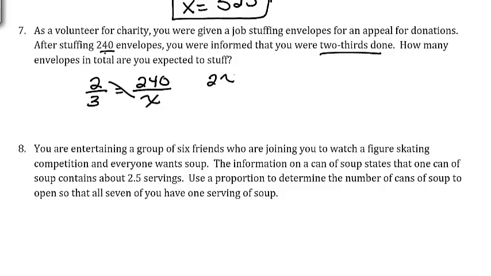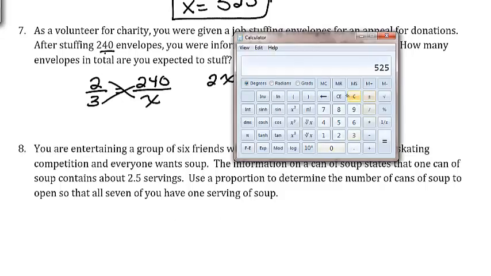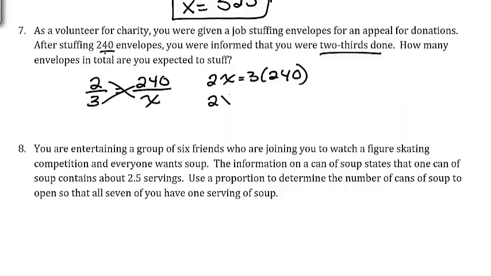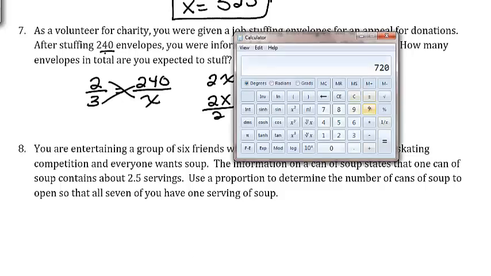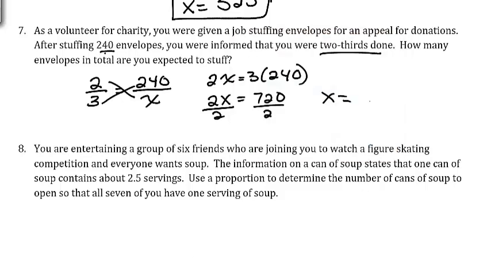So that would give us 2x equals 3 times 240. And 3 times 240 gives us 720, so we get 2x equals 720, and then we're going to divide by 2. So divide that by 2, and we get 360.